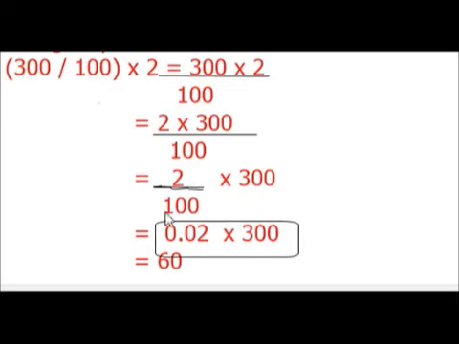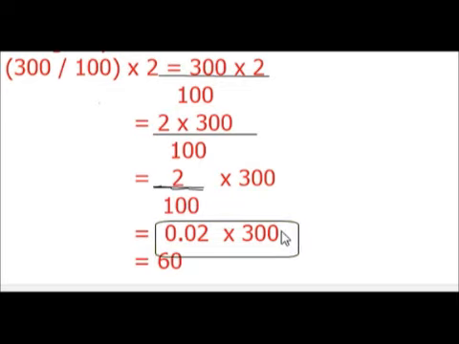So in mathematics, we most often use this writing, so it's better. And then we can also write it in a decimal value. 2 divided by 100 is going to be 0.02 times 300.